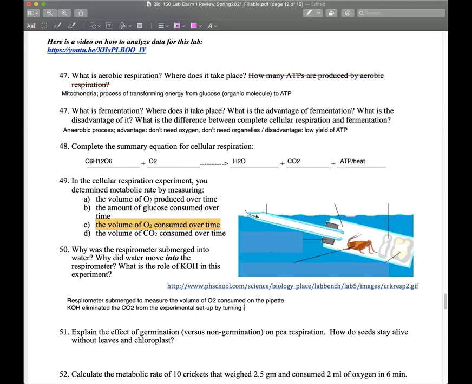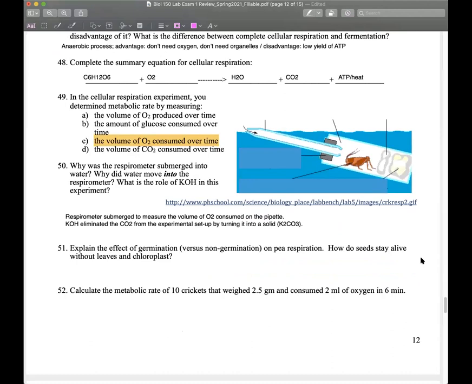Right, by turning it into a precipitate, a solid, with the formula K2CO3, potassium carbonate. We didn't want to have any CO2 produced because that would keep this gas pressure stable. We wanted to eliminate that so that we can actually see the oxygen being used up.